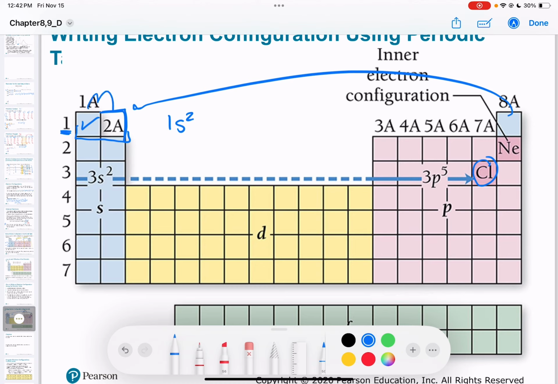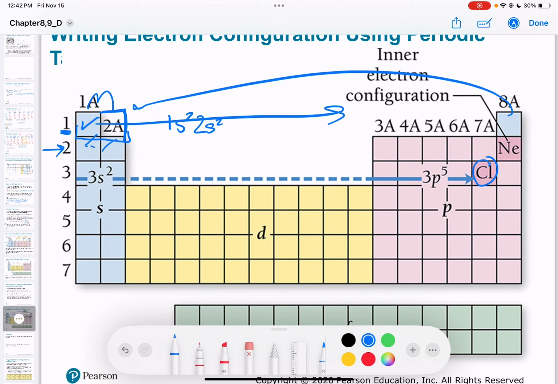That's why it's 1s2. Also, those first 2 electrons fill the 1s orbital, and you can only have 2 electrons per orbital, so 1s2. Now we go to the next row, because that's all there is in the first row. 2s, 1, 2, 2 blocks, so 2s2.